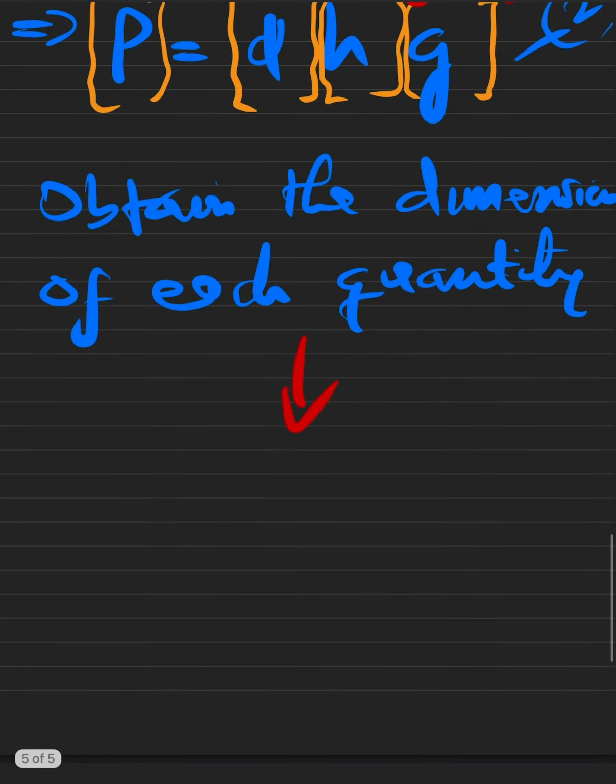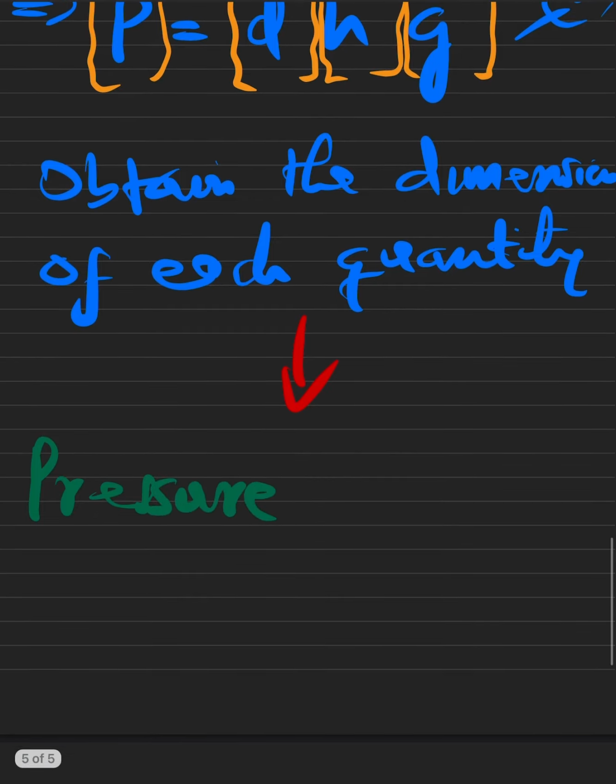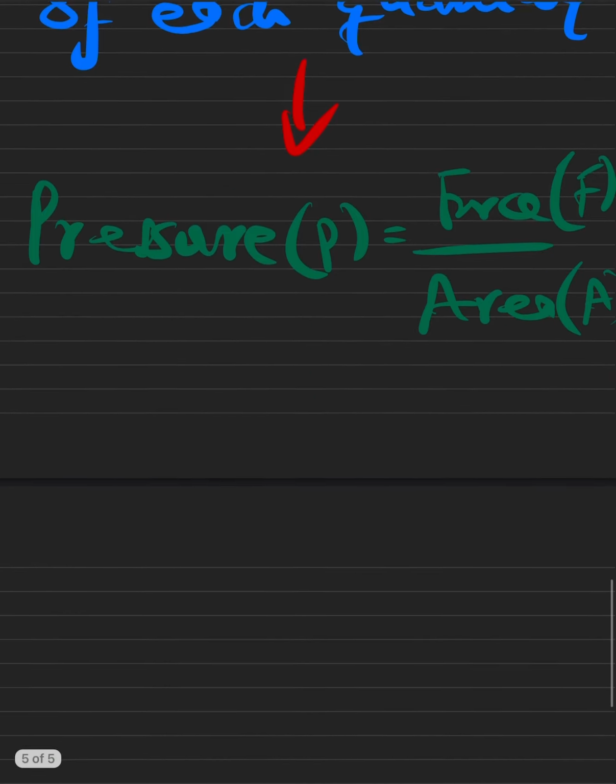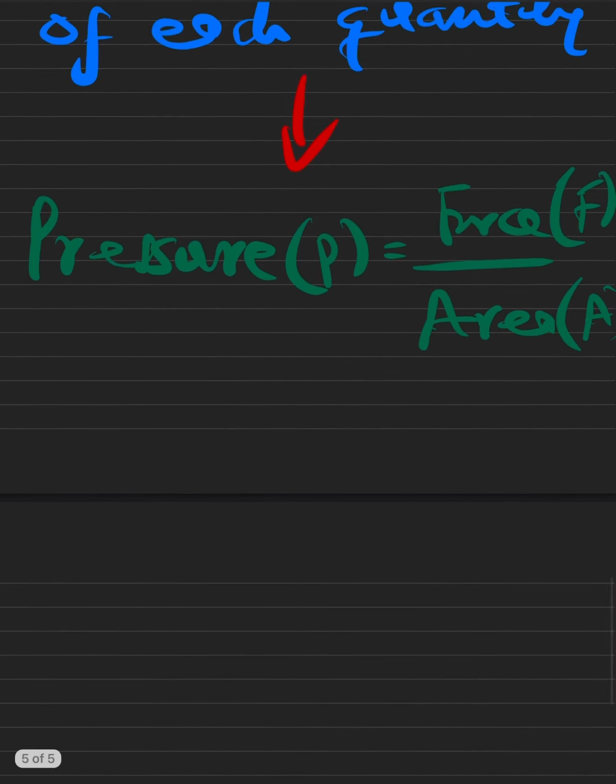So what you do is, you write the formula. The first one is pressure. Pressure has a general formula which we all know. That is force all over area, right? You can denote this by F and this by A. The F you are seeing there, we have been able to find as MLT minus 2.